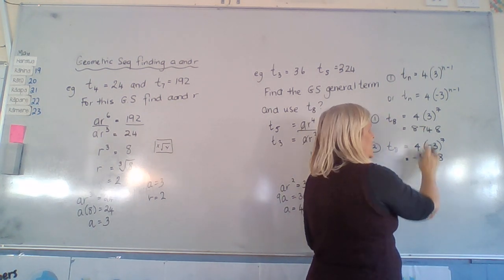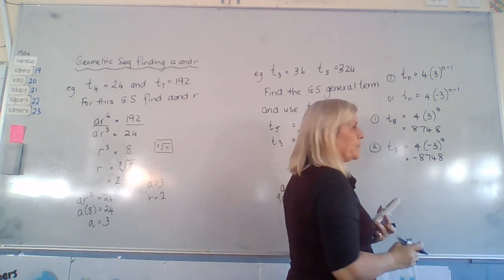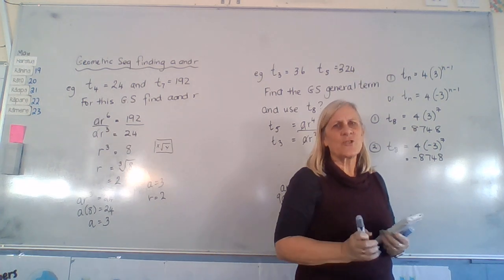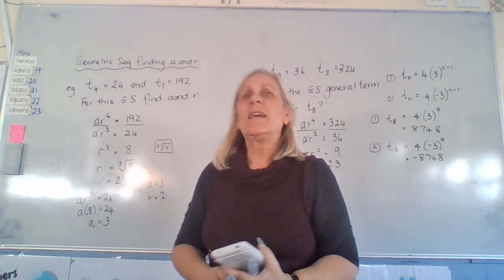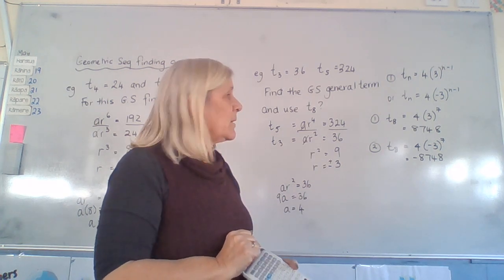Well, that part's all the same. The only part that's different is that negative, which gives us a negative sign. All right? So that's a trick. It's unlikely you'll get a trick in the assessment, but it could be part of the excellence is knowing these sorts of things. Okay?